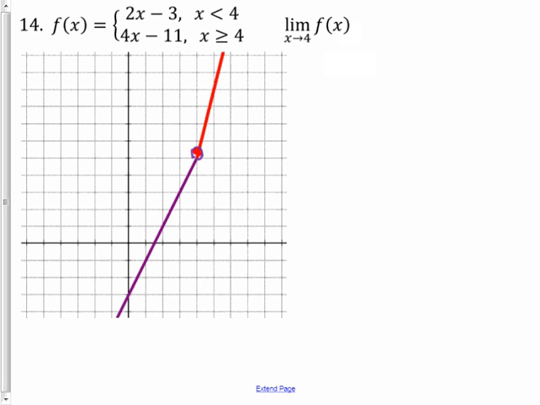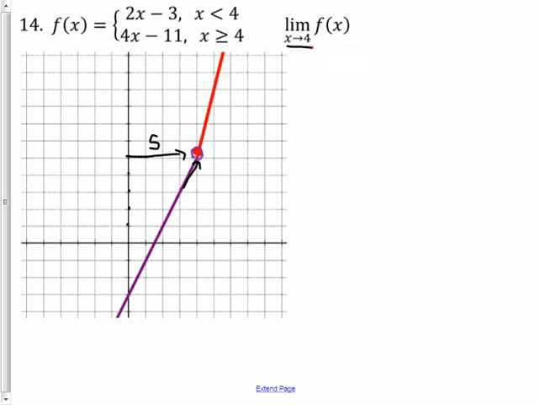One more here. 14, f of x equals 2x minus 3 as x is less than 4, and it equals 4x minus 11 for x greater than or equal to 4. And of course, again, we're checking x equals 4. What's the limit of f of x as x approaches 4? So on the bottom, the purple, coming from the bottom, we are approaching the value right here for y. So 1, 2, 3, 4, 5. From the bottom, y equals 5.